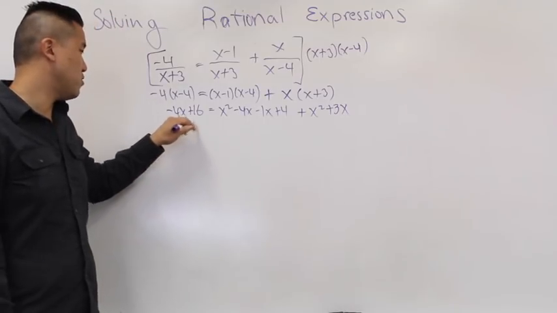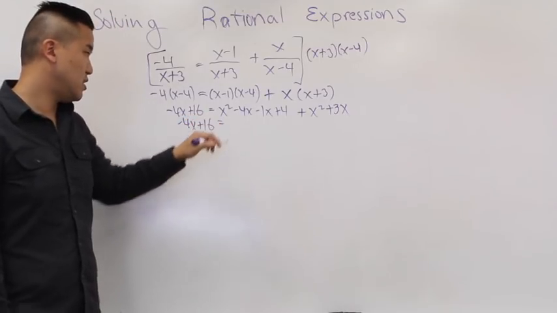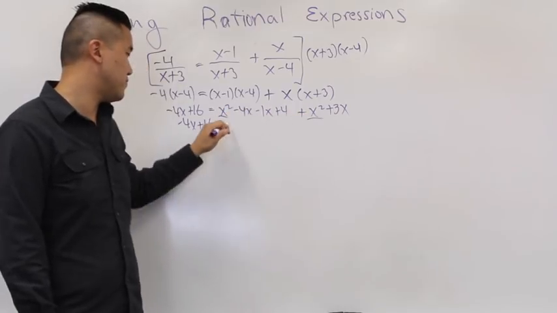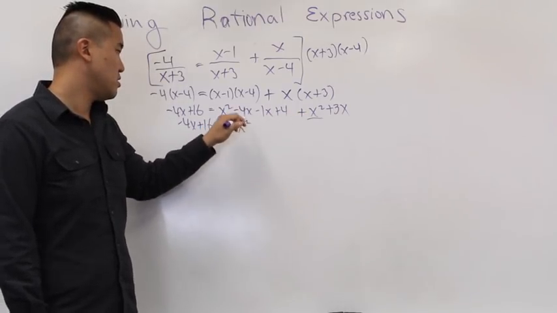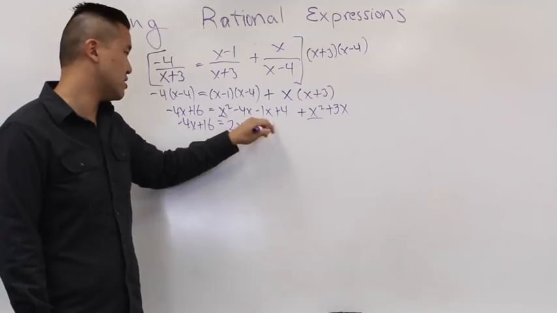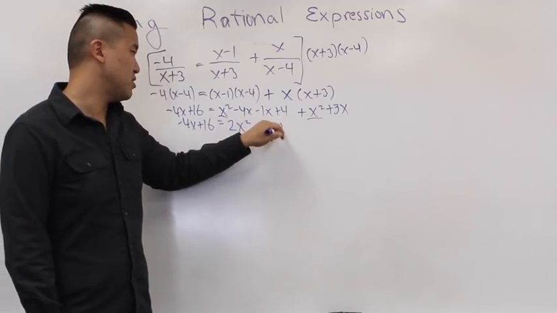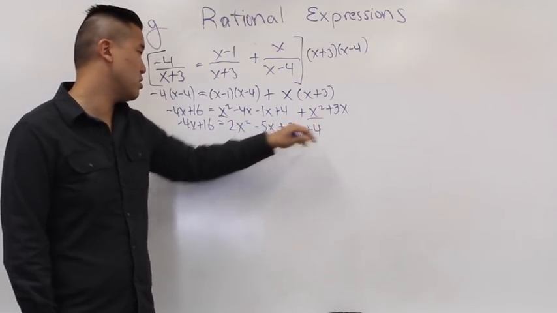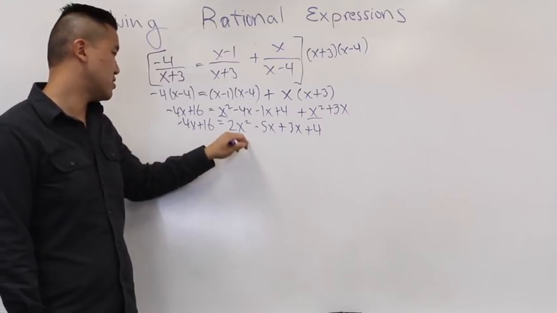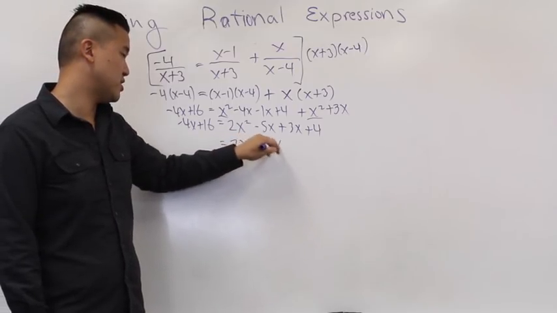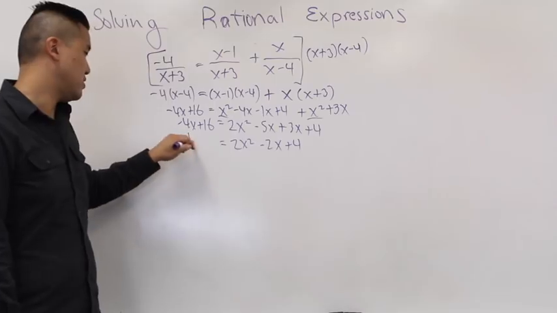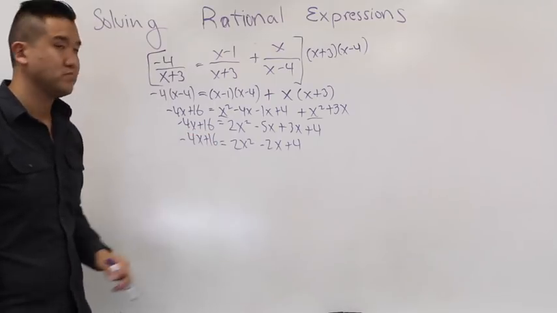So you have negative 4x plus 16. Here, let's combine like terms. There, you have 2x squared. And you have what? Negative 5x there, plus the 3x there, plus the 4. So you have 2x squared minus 2x plus 4. And you have negative 4x plus 16 there.